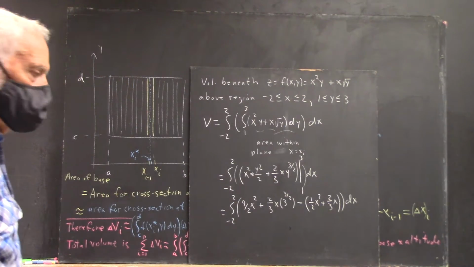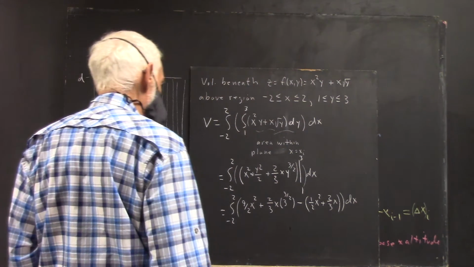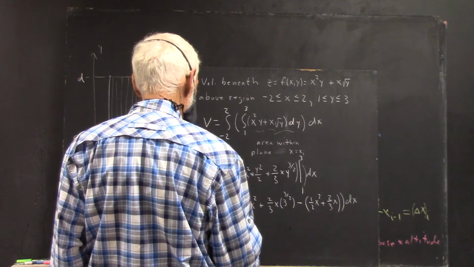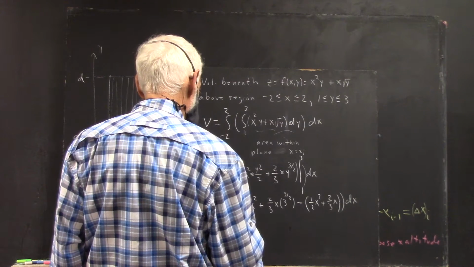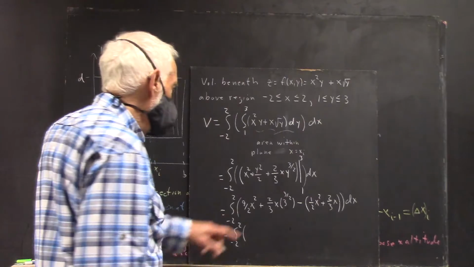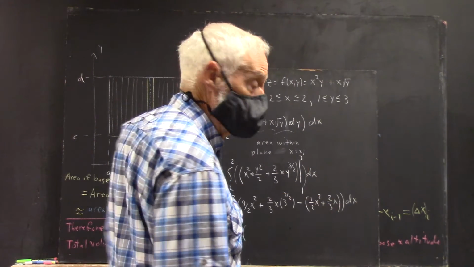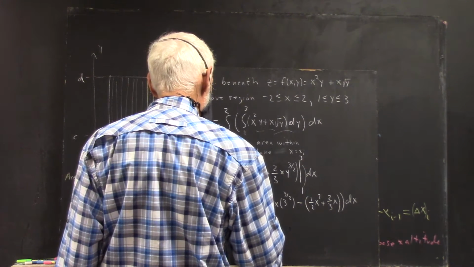And we integrate that with respect to x. Well, we have 9/2 x squared minus 1/2 x squared, which is 8/2 x squared, which is 4x squared.